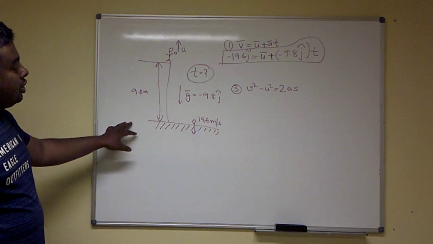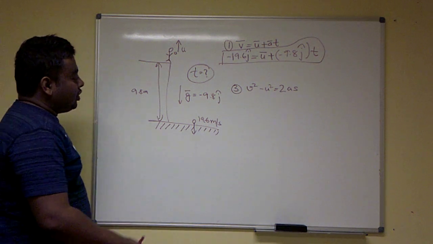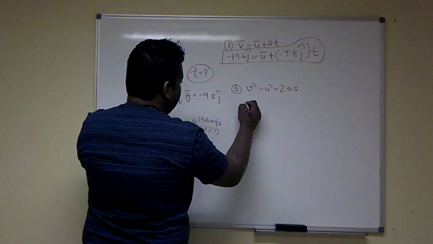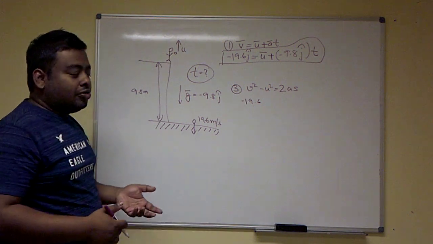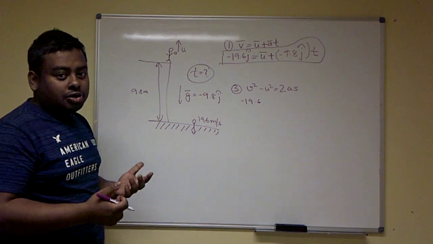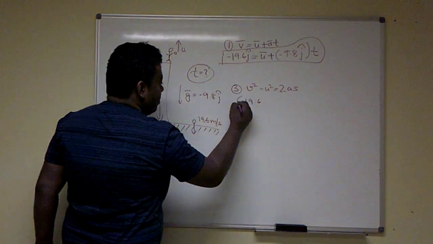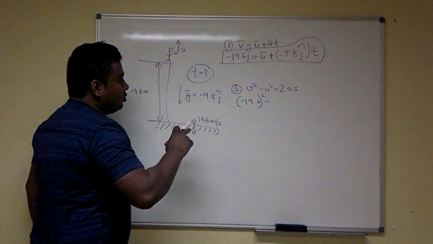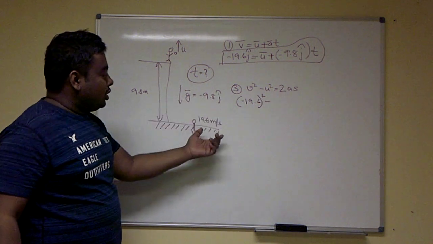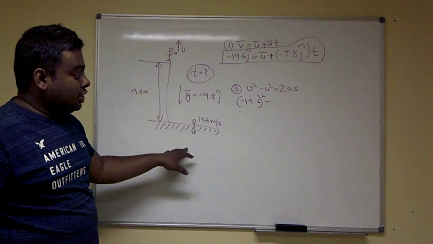So we'll write the final velocity as minus 19.6. This is not vectorial, but we make the notion of it as vectorial. So this is minus 19.6 squared, because it's in the negative j direction.